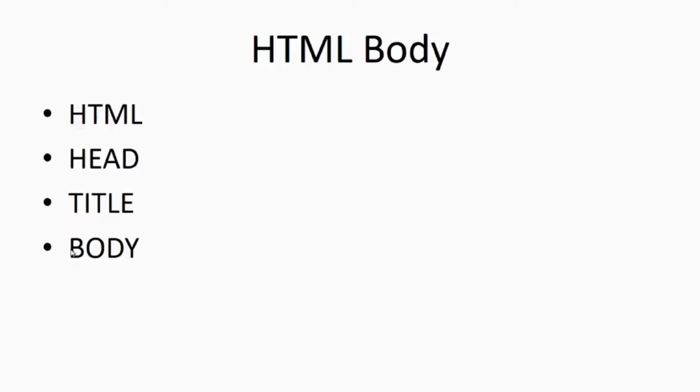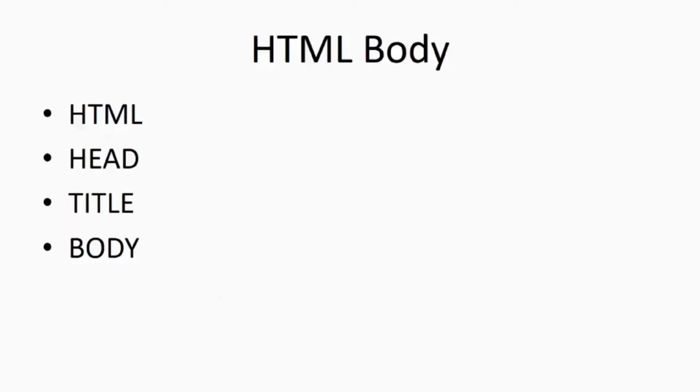This is kind of saying, okay, this is an HTML page, and the next thing you'll see is the head. If you think about a human body, you have the head, and right below that you could have a name tag, like the title or something. And then right below that you have a body. And then of course you have your feet and everything like that.